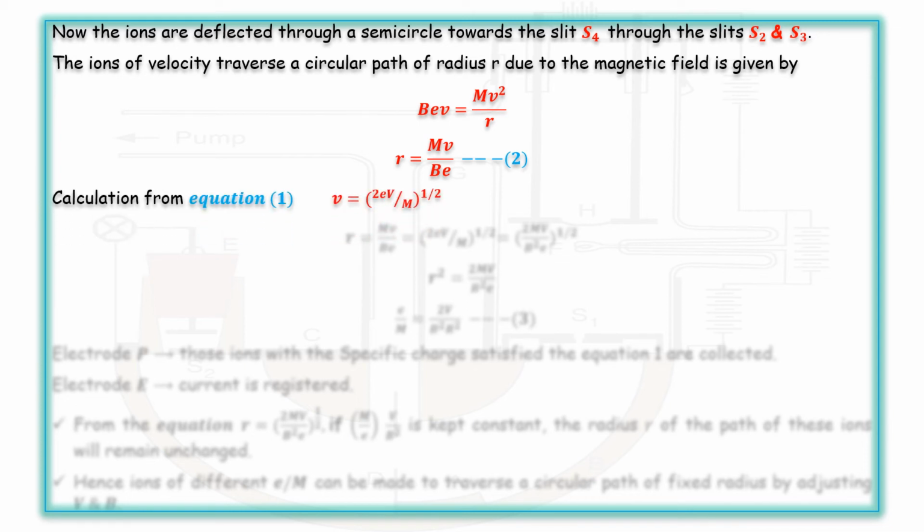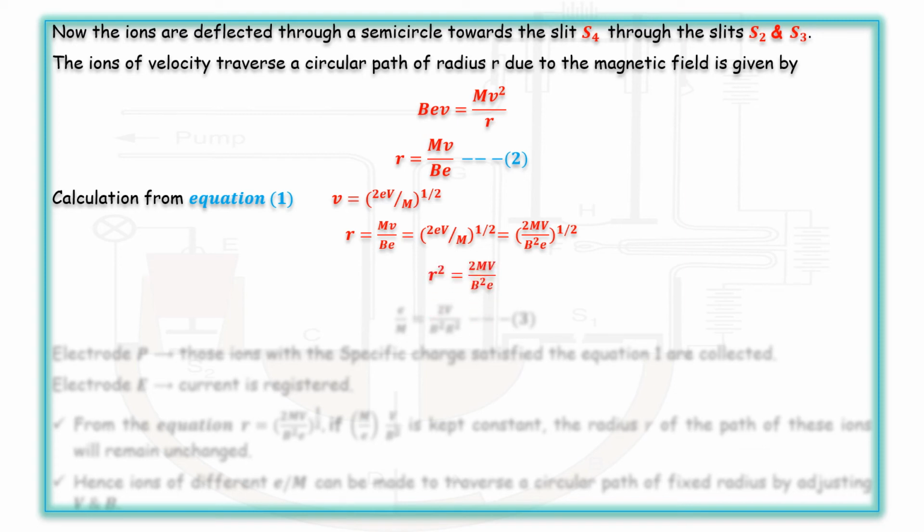From equation 1 we can write small v equal to (2eV by m) whole power 1 by 2. And r equal to mv by Be. Now substituting, we get r equal to (2mV by B square e) whole power 1 by 2.